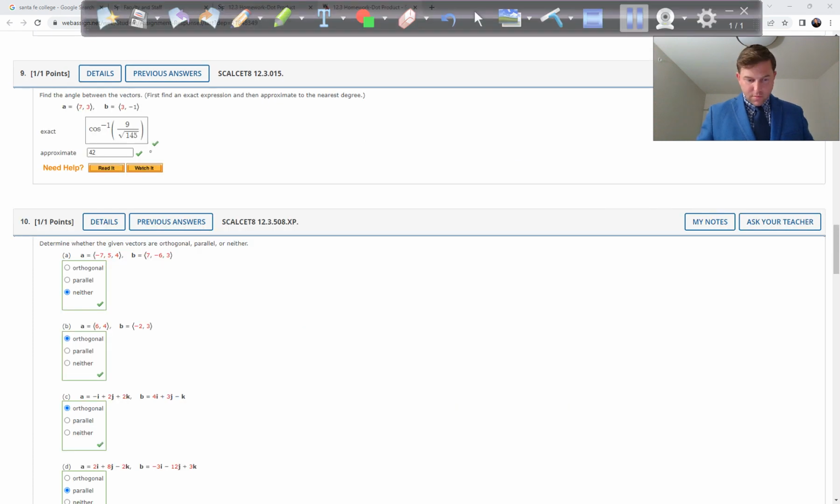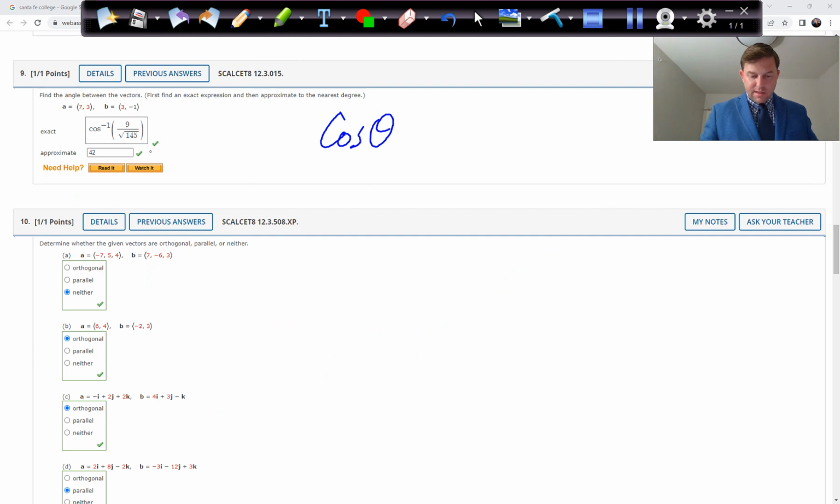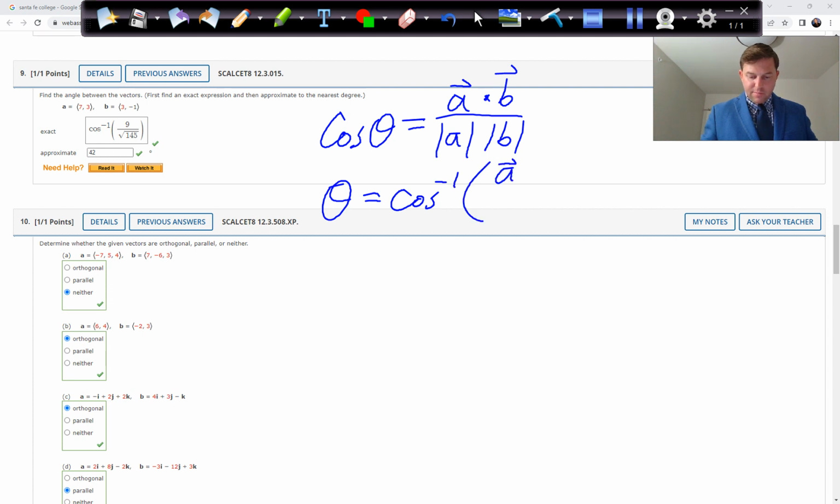Problem 8. Okay, problem 9, they want us to find the angle between these two vectors. The first one they want us to be exact, and the second one they want to actually solve. So again, we're going to say if cosine theta equals a dot b divided by magnitude a times magnitude b, then theta is the arc cosine of a dot b divided by the magnitude of a times the magnitude of b, and we just have to find all those things.